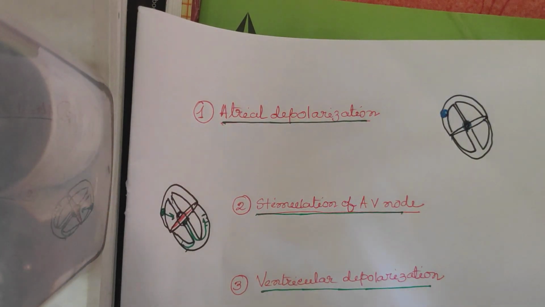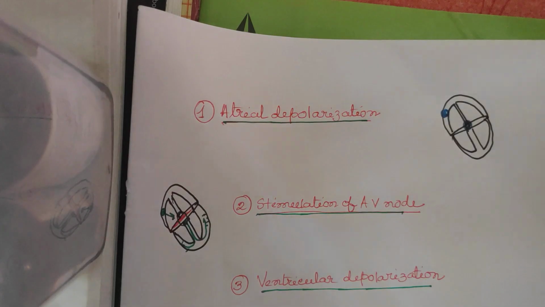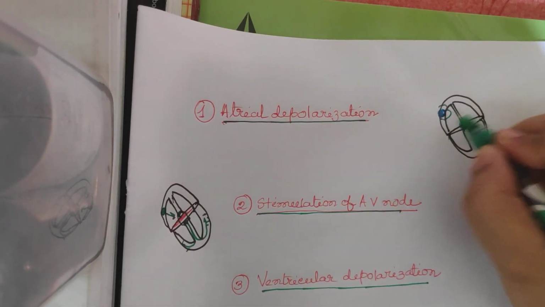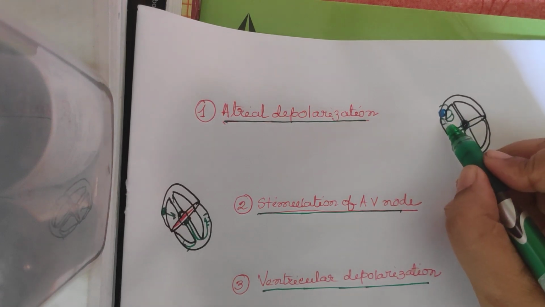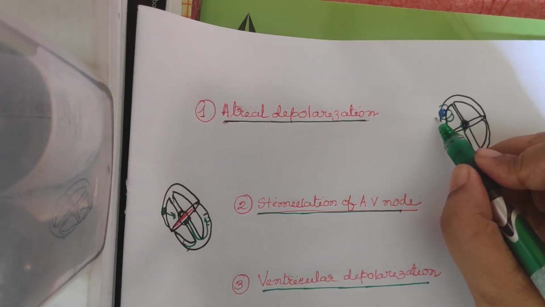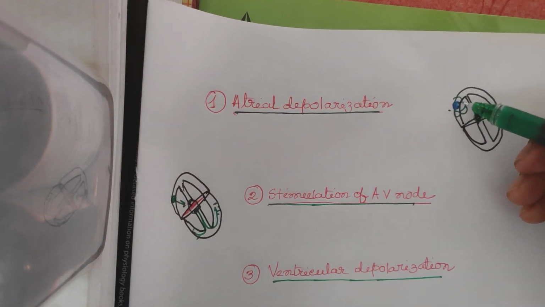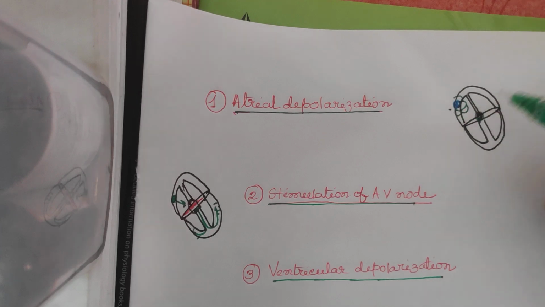Initially the cells nearby the SA node are depolarized. We know that the SA node is situated somewhat upward and to the right side of the heart.